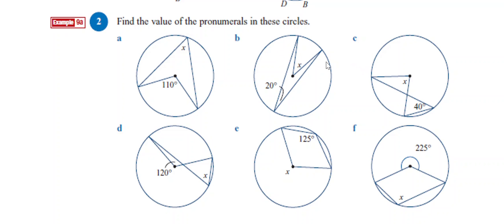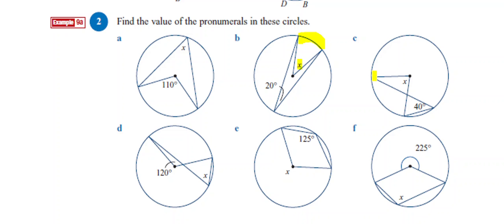So for something like this, the arc is here. So going to the middle is double that of that going to the outside. So that x must be 40, because the one going to the outside is smaller than the middle one.